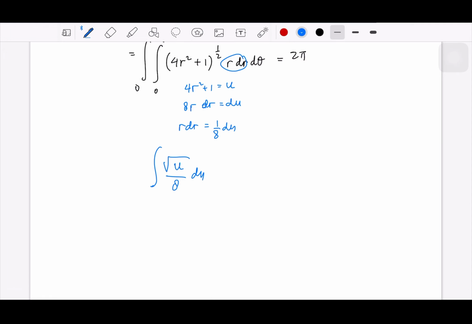So this could be 3 over 2, 2 over 3, so 1 over 12.